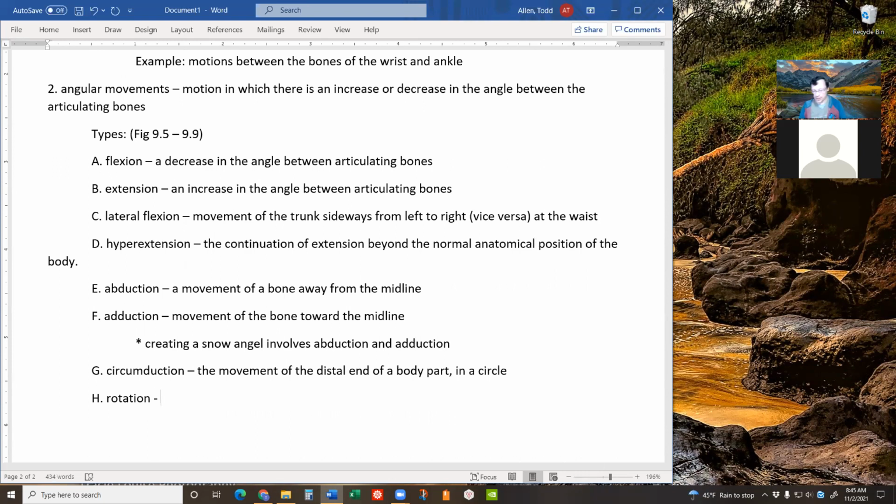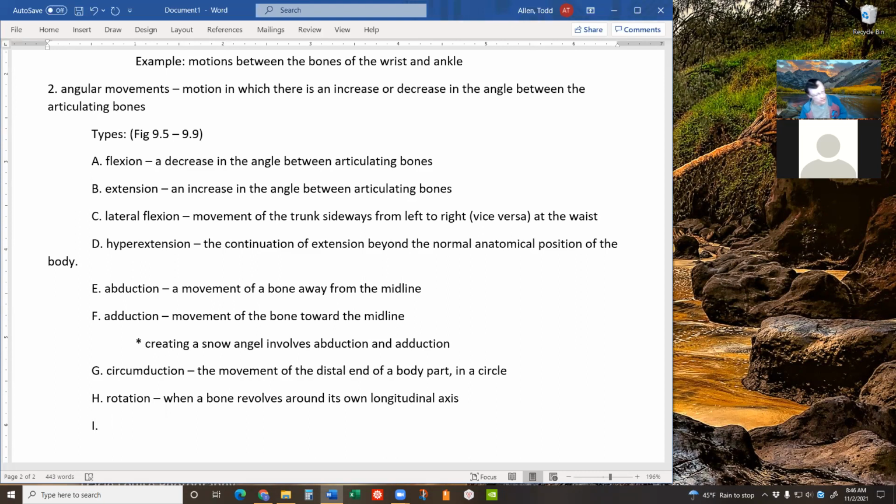Rotation is when a bone revolves around its own longitudinal axis. Again, you can see that in figure 9.8.